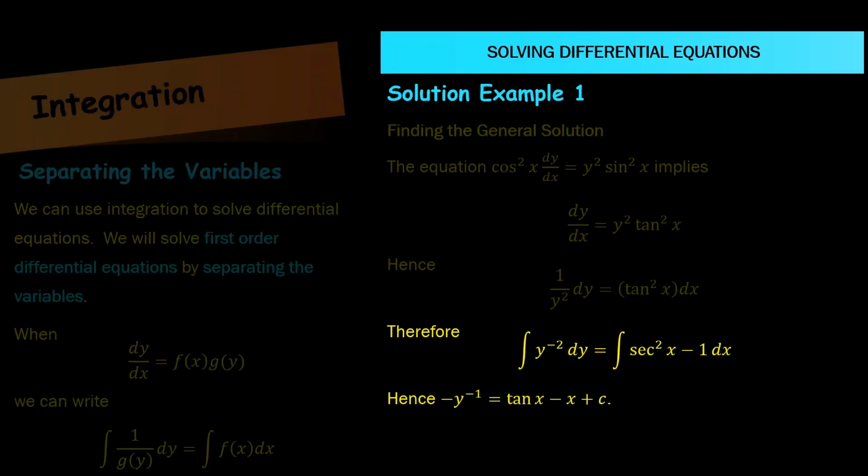Let's now integrate. So we have the integral of y to the minus 2 becomes minus y to the minus 1. And the integral of sec squared x minus 1 becomes tan x minus x.